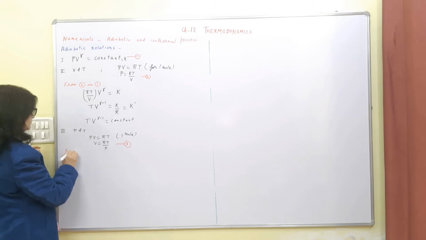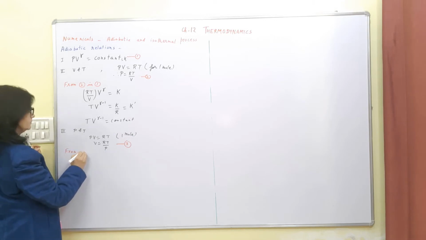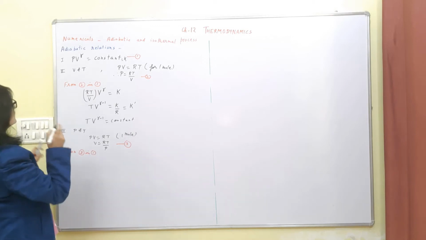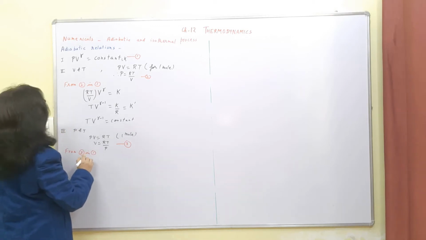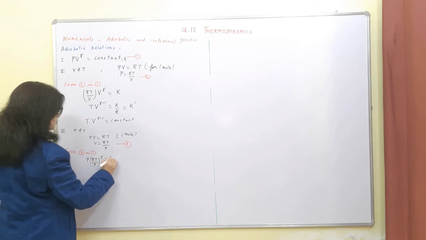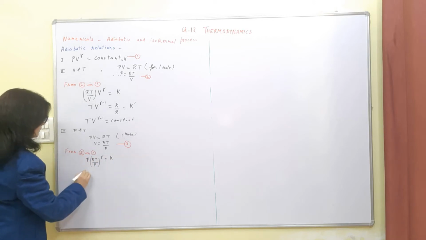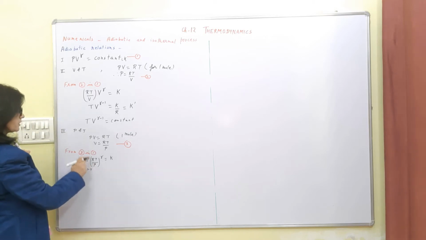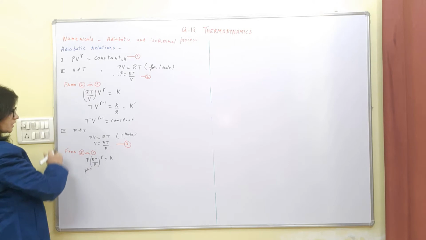So from 3 in 1, we will get P into V, that means RT upon P, to the power gamma is equal to constant. So we can write here P to the power 1 minus gamma, because P to the power gamma will be taken in the numerator.